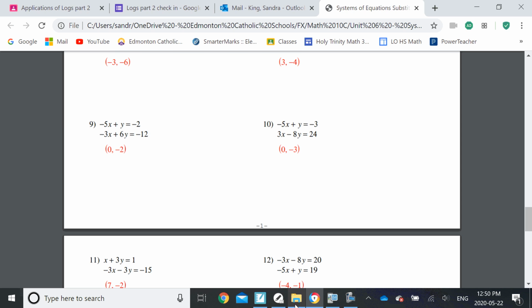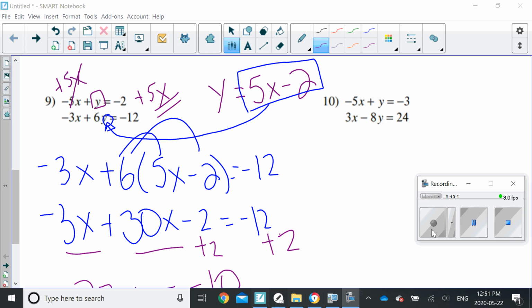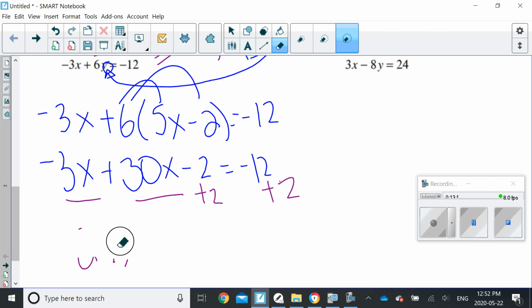Okay, I'm going to pause this for a second, see if I can find my mistake. Sorry about that, everyone. I definitely found my mistake. Here was my mistake: 6 times negative 2 should be negative 12. So I've got to fix that.